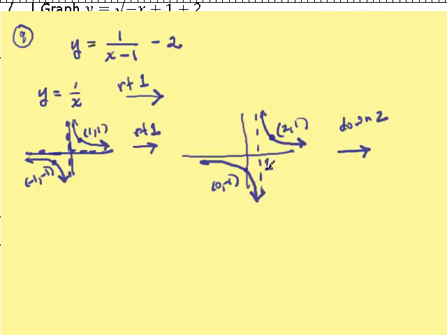So everything's going to move down. The vertical asymptote stays the same, but the horizontal is going to move down 2, from the x-axis to the line y equal minus 2. The vertical is still at 1.